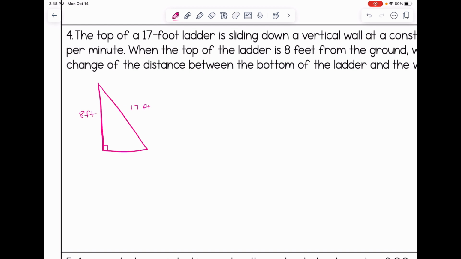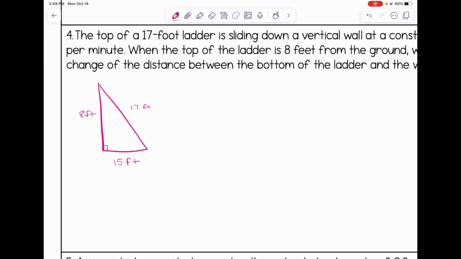It doesn't tell us how far the base of the ladder is from the wall. However, using Pythagorean triples, that tells us that this is going to be 15 feet. If you did not know the Pythagorean triple, you can use the Pythagorean theorem, a squared plus b squared equals c squared, to solve for that missing leg.